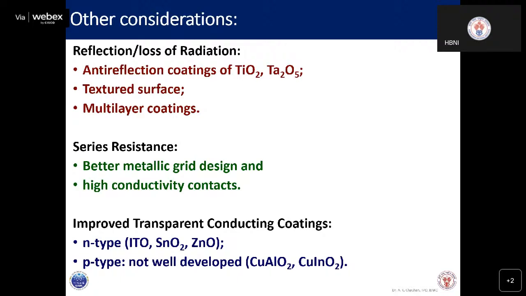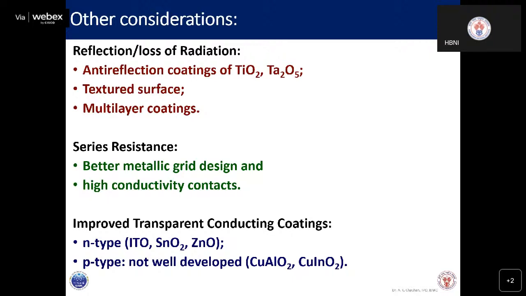There are some other considerations also. Reflection losses: as we saw in that slide, anti-reflection coating, textured surface, and multi-layer coating help reduce the radiation loss from reflection, or optical losses.